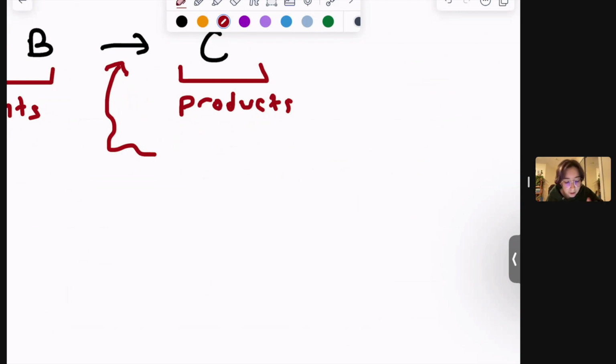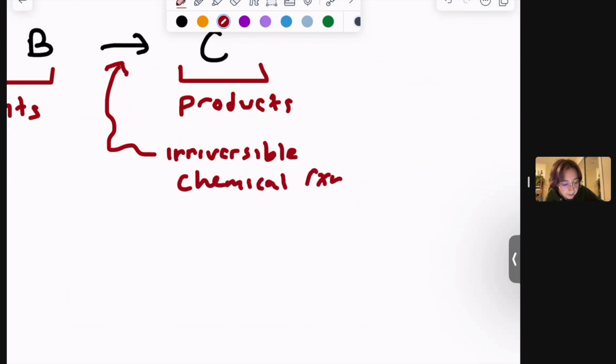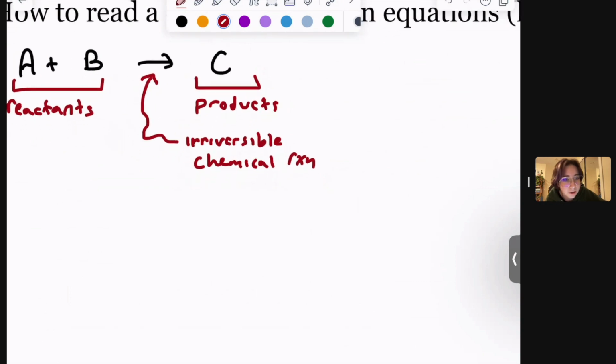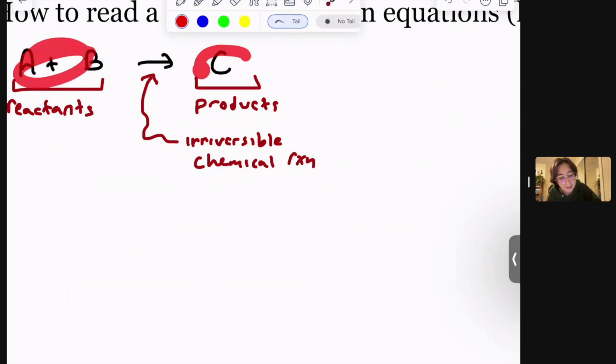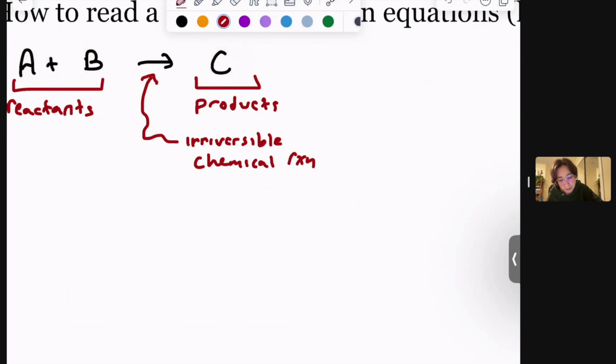A straight across arrow indicates an irreversible chemical reaction. So it is indicating that a reaction has occurred. Actually, we do use the arrows for physical reactions too, but it's showing that we had this movement from this thing to this thing, like a one-way situation.